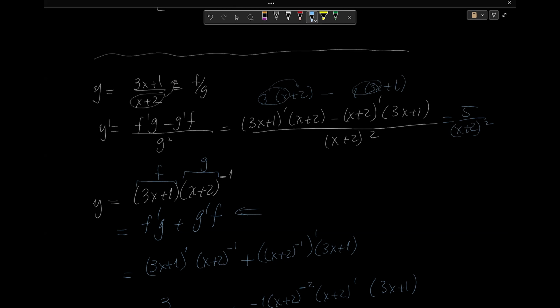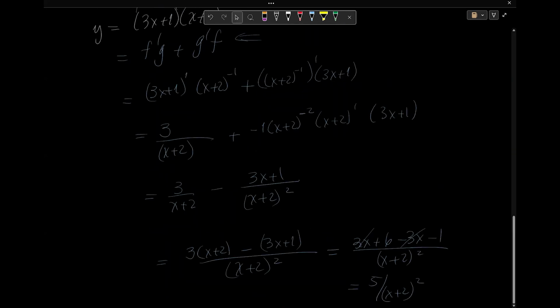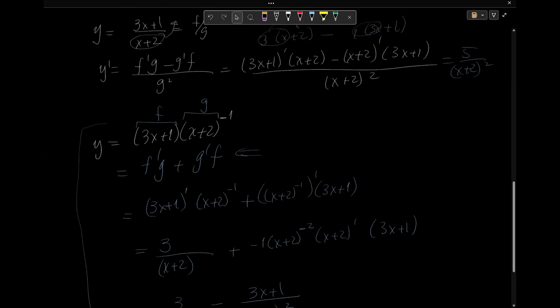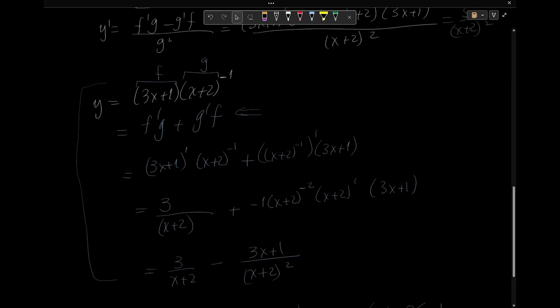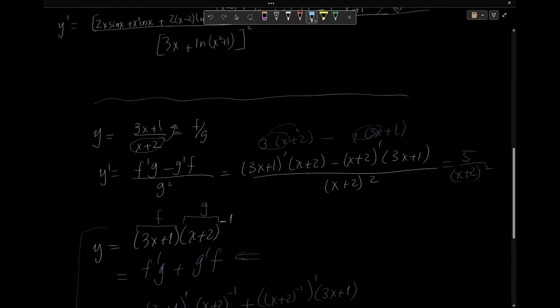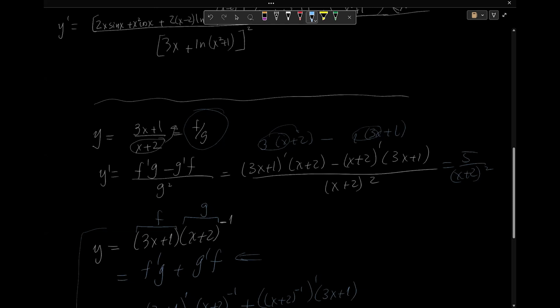Okay. So obviously we're going to get the same thing, but in this case, this took longer. This problem is not ideal for it. But I just wanted to show you that in some problems, it may be beneficial to change a quotient into a product by bringing the denominator up and then do the product rule. Sometimes it gets to simplify things. Not in this case, but these two are in a way similar. Okay.